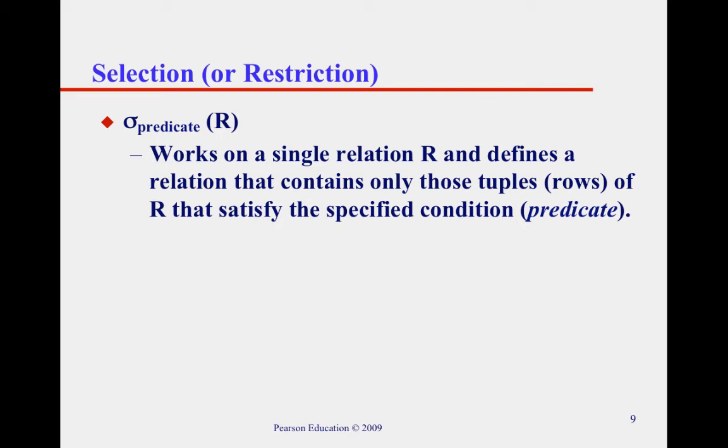I'm going to blow through the next few slides fairly quickly because it's just syntax, and you should be able to very quickly work out syntax. So the selection operator is denoted using this, I think it's a sigma, and a predicate as a subscript, and then the name of the relation.